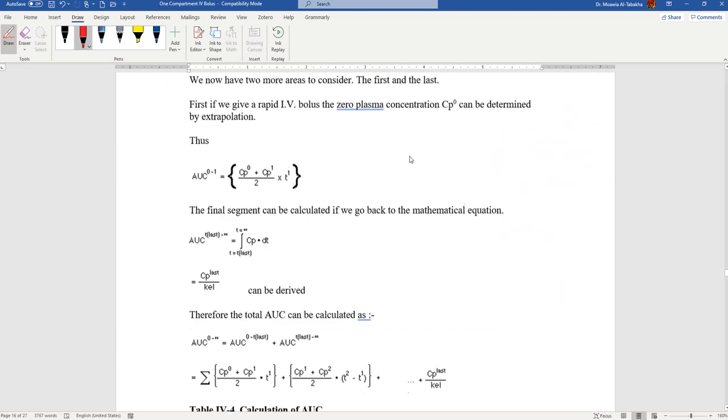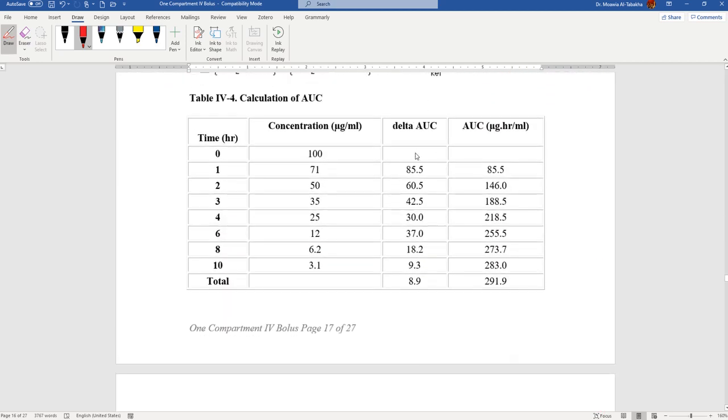Okay, let's now do some exercise. شوفوا. Previously I told you ايش? I told you that usually when you have data points and concentration more than 2, usually you need to draw a graph.